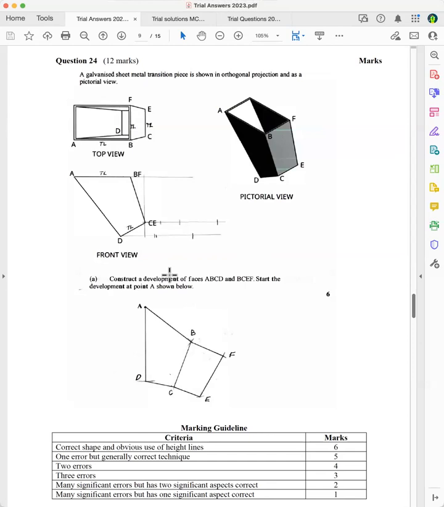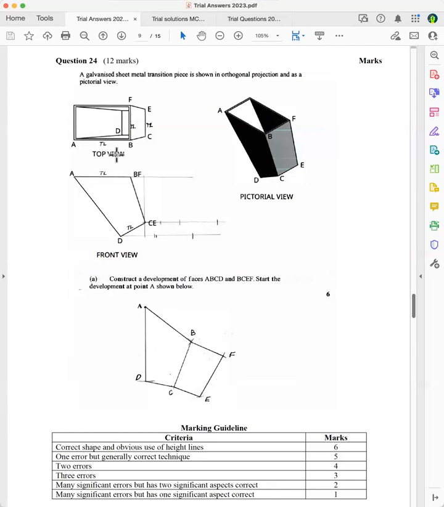So the rule is that if you want to find the true length of AB, you look in the other view, and if it's horizontal or a point, this is a true length. And so you look down here, there's AB, so that's horizontal in the other view, so therefore that's a true length.